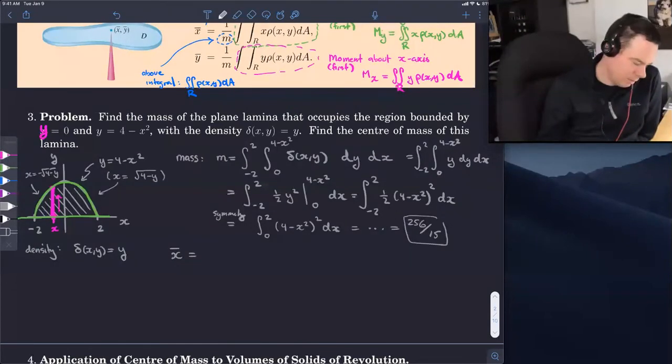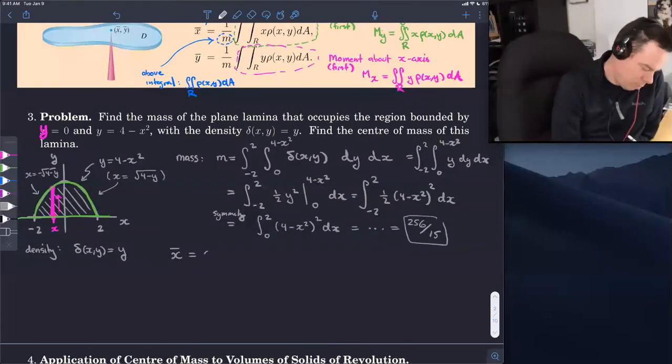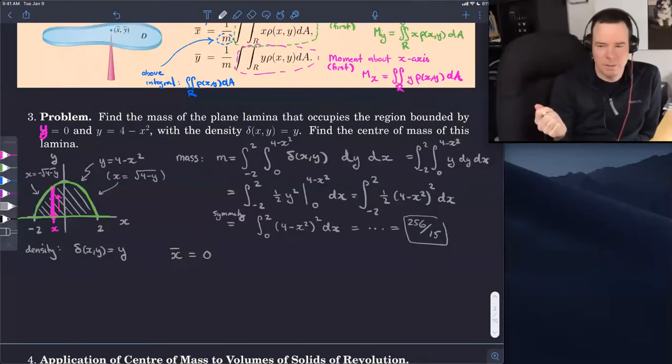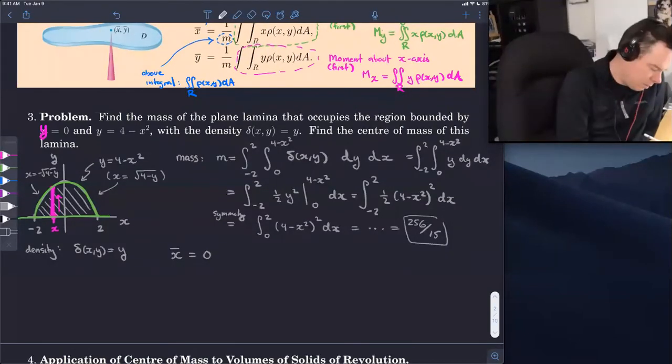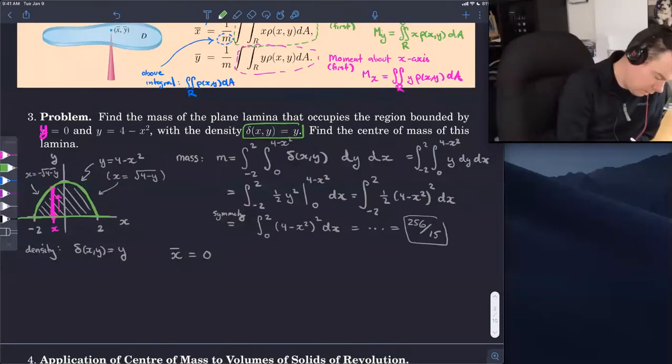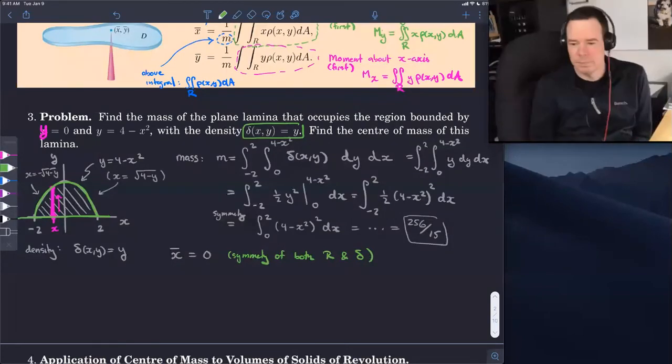Yeah, it's 0, because the region that our laminar plate occupies is symmetric about the y-axis. But not only that, our density function is also symmetric about the y-axis. So this is due to symmetry of both the region and the density function.